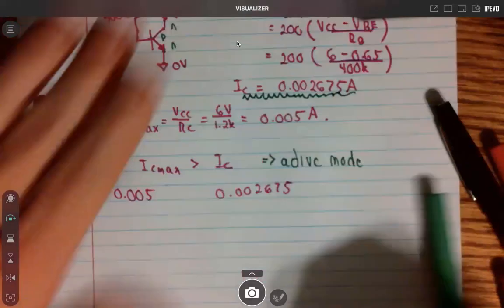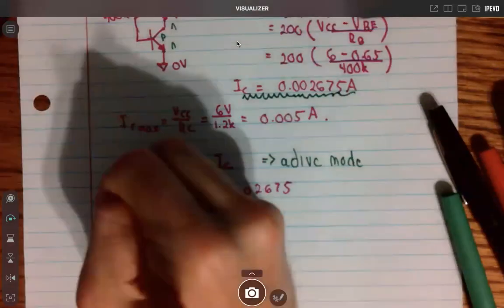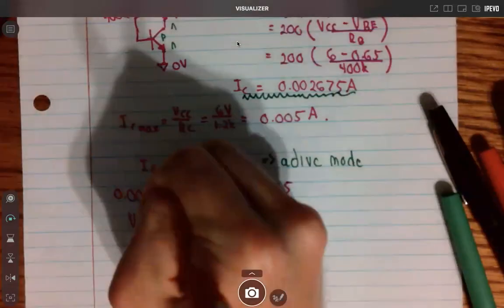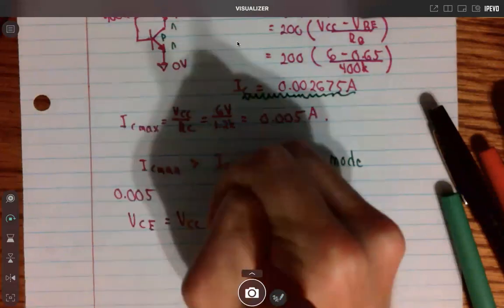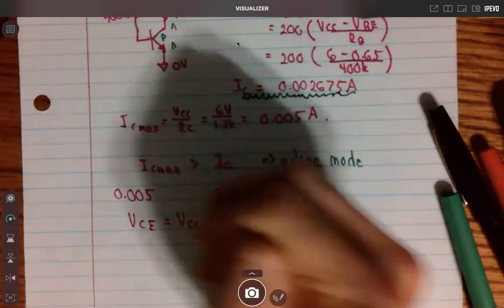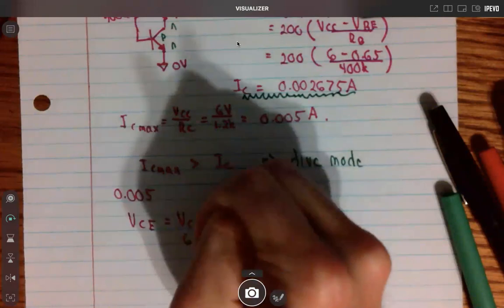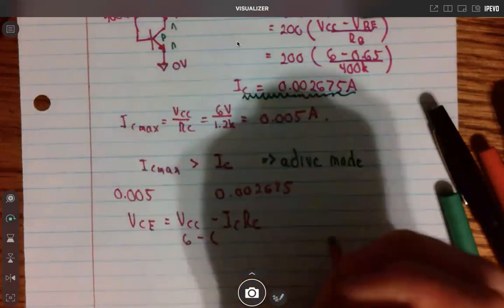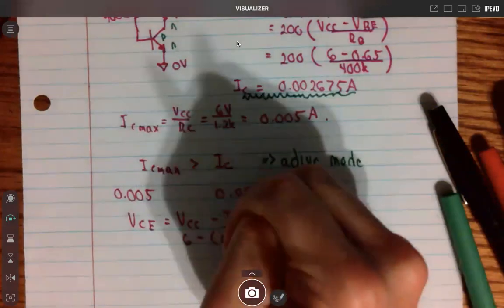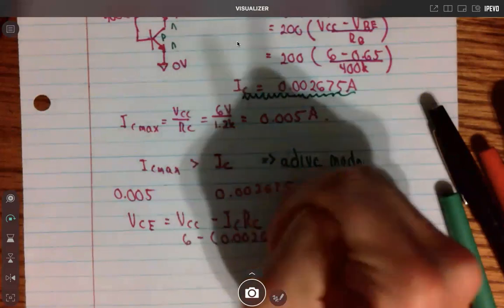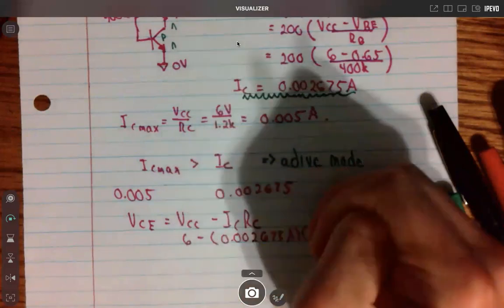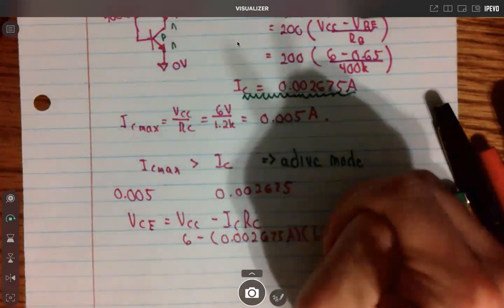VCE is going to be equal to VCC minus IC times RC. And that would be 6 minus, and then IC would be 0.002675 amps, times 1.2 kilo ohms.